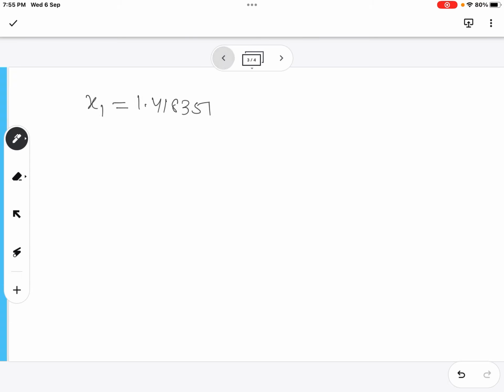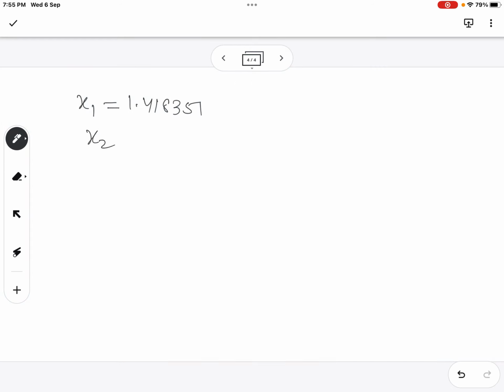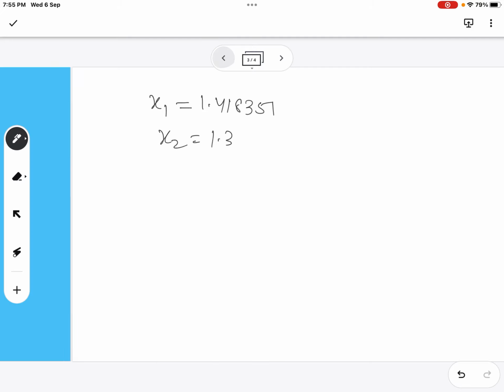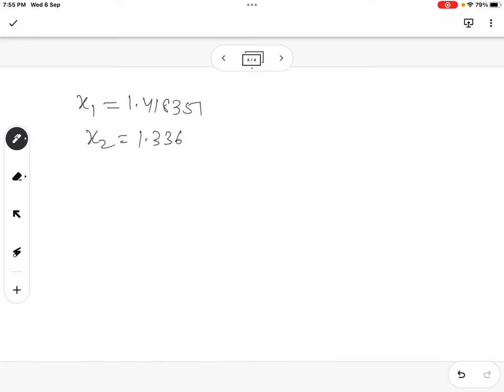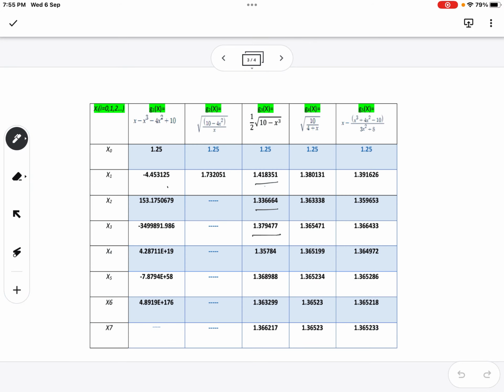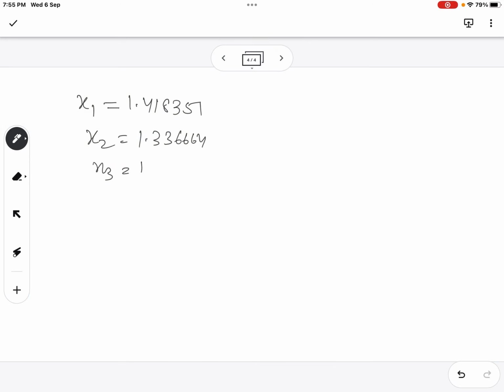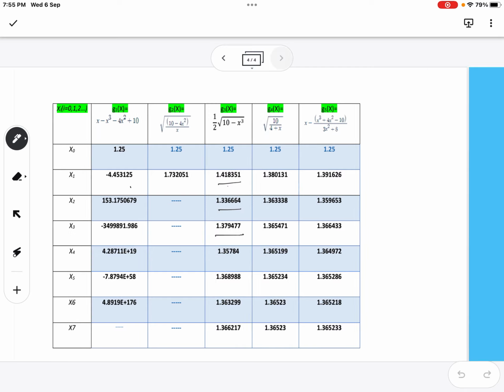Next is x2, and x2 is 1.336664, and x3 is equal to 1.3799477.